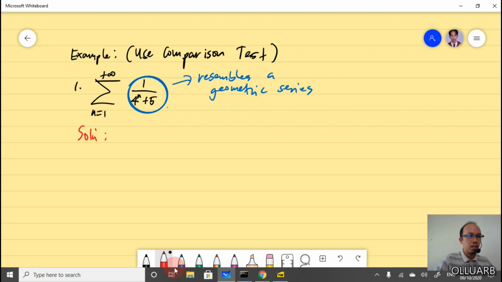So this is our a sub n. Is this our a sub n or b sub n? That's a nice question. Let me check the theorem: the bigger one must be b sub n, and the smaller one a sub n.